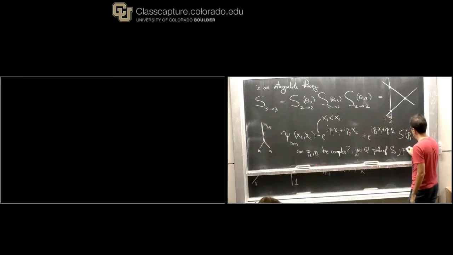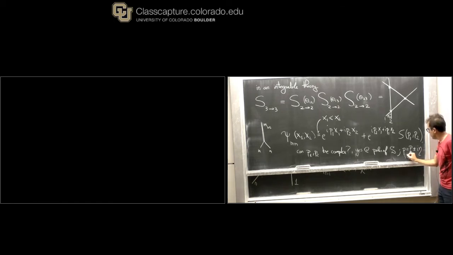You write your momenta as some real part plus or minus some imaginary part, the two momenta. The sum of the two must be real, of course, so the total momentum would be this capital P. So let's write p1, 2 as capital P over 2 plus or minus i gamma.